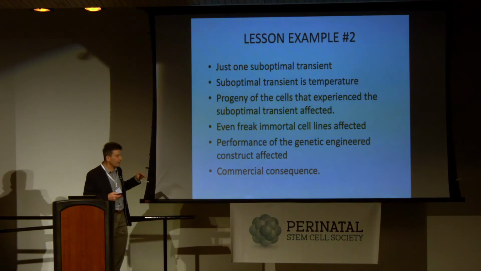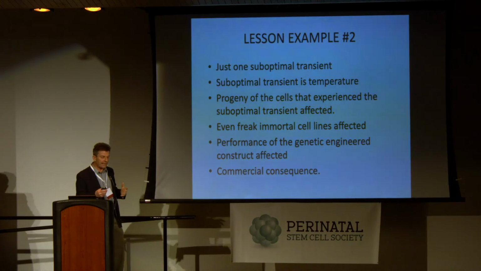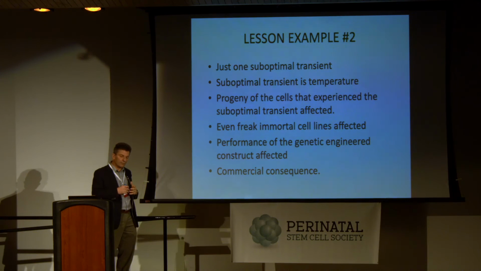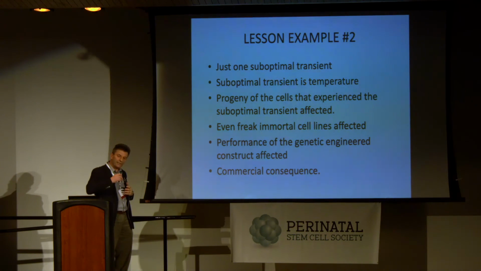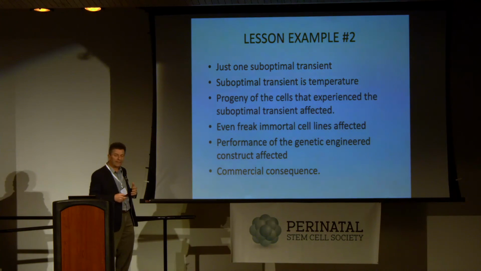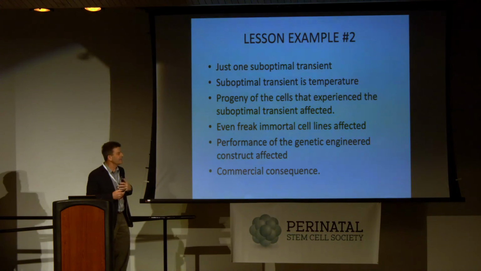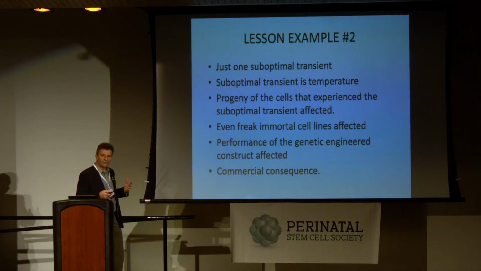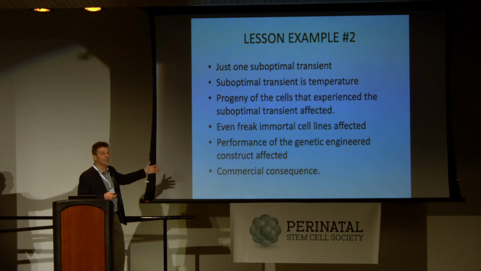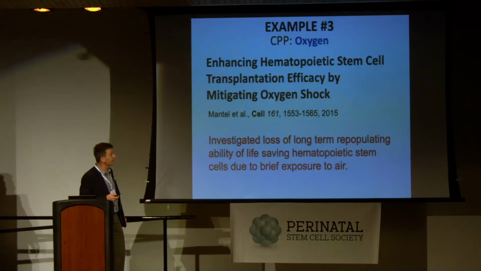It was the ability of this genetic construct to produce the protein and secrete it that was actually affected by this single suboptimal transient. And in the world of CAR T, that's a genetic construct. So, these are lessons that we have to learn, and the commercial consequence. Okay, this was a huge commercial consequence that was due to one suboptimal transient.